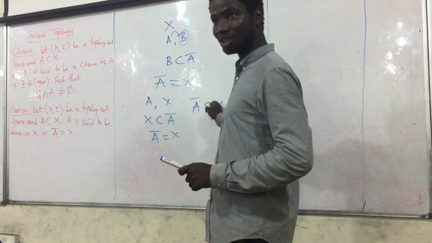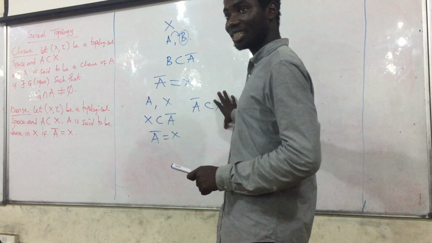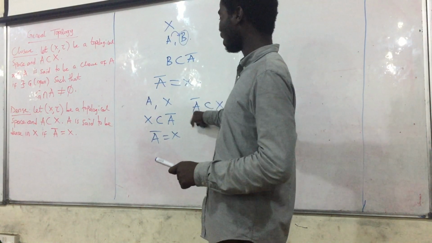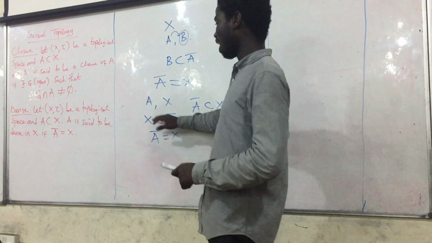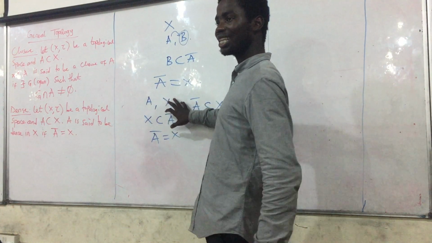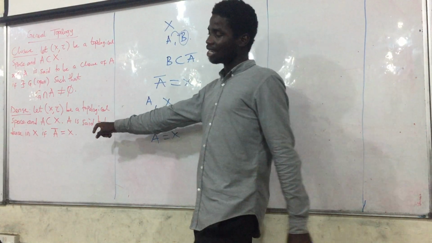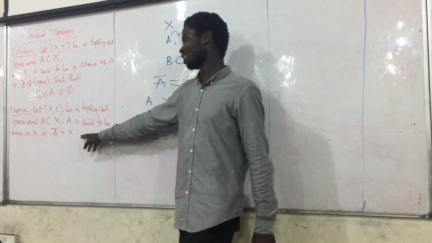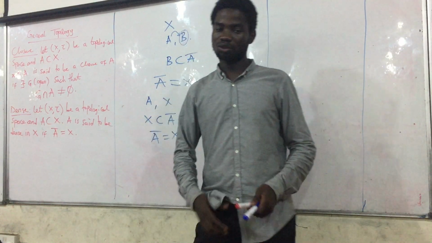The closure of A is already inside S because everything we are talking about is inside the whole space. So from the condition of dense, S is also inside the closure of A, which means they are equal. That's why we say that A is dense if and only if the closure of A is equal to S.